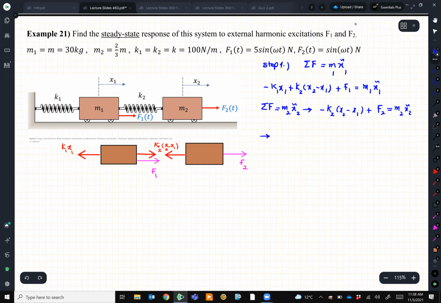We will order them and put them in a matrix format. Let's just substitute the numbers that we have.